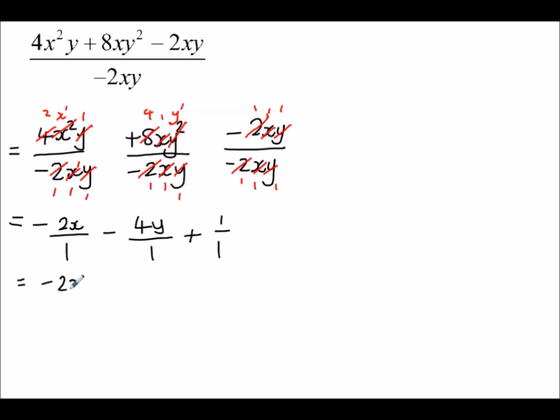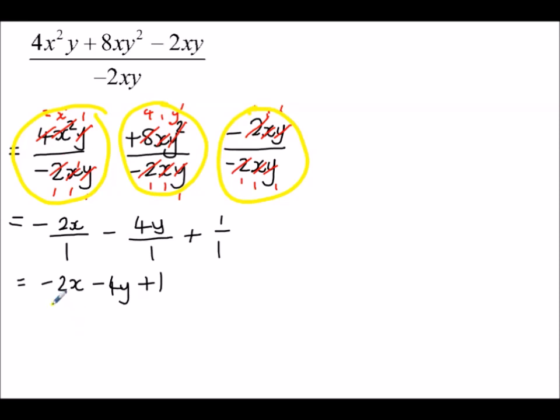Negative 2x minus 4y plus 1. Remember I said if we've split it into 3 terms to start with, we must have 3 terms in our answer. So that is a trinomial.